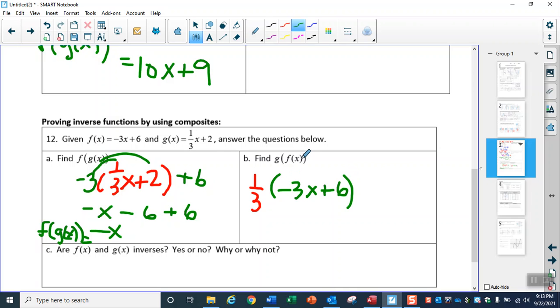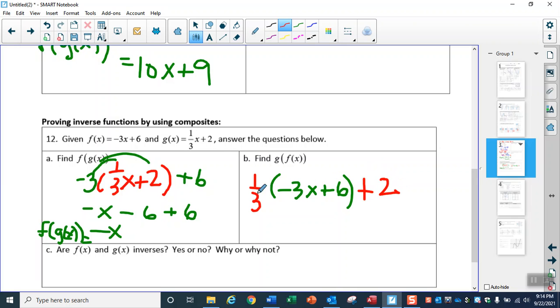So I put f in g. And then I have the plus 2. It's easy to get lost in what you're doing here.